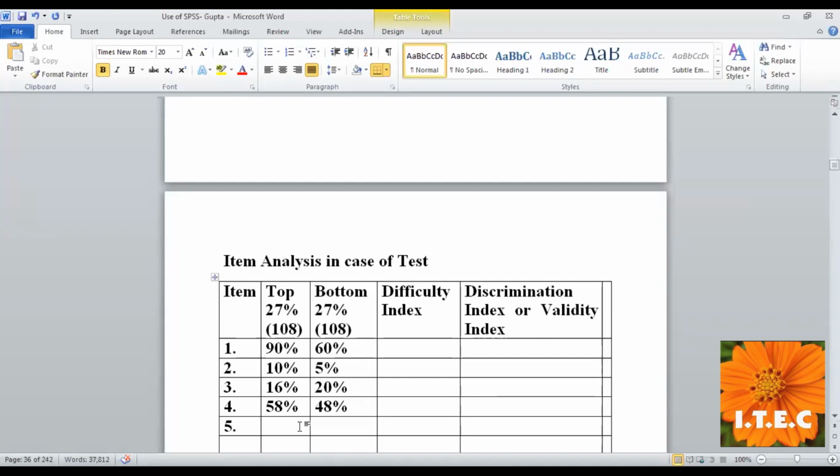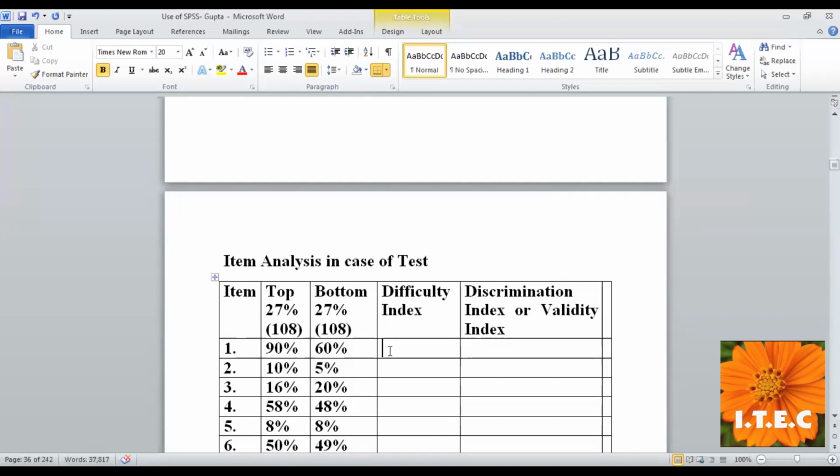Now here it may be 8% of the people have attempted it correctly, and here also say 8%. Here maybe 50%, and here let's say 49%. So you can find this out from the top 27 and bottom 27.